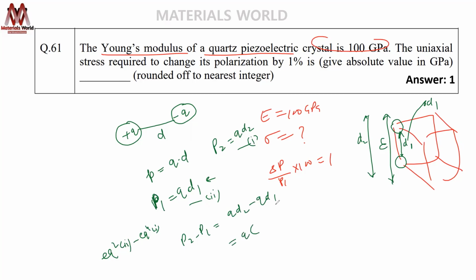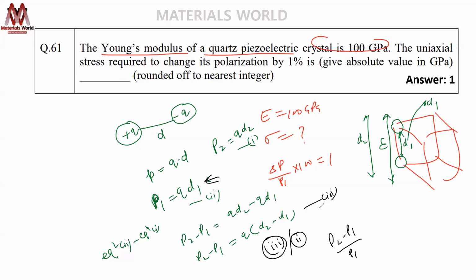Now, I want delta P by P1, so I can divide by equation 1. I can take this as equation 3. So equation 3 divided by 1, right? If you divide, you get P2 minus P1 by P1. Left hand side divided by left hand side, right hand side divided by right hand side.